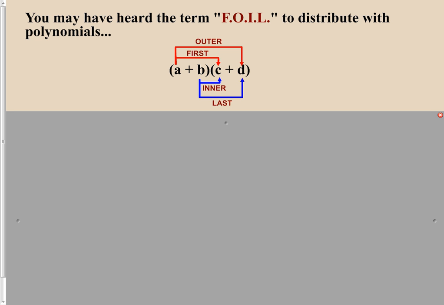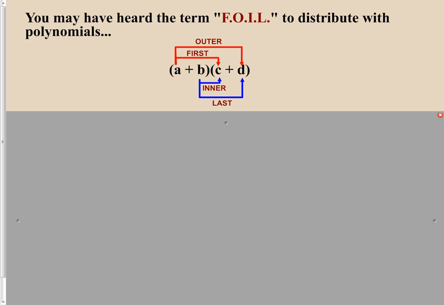The I meant the inner terms needed to multiply together, and the L meant the last terms multiplied together. And if you did that, then that would assure that you actually did get all of the terms distributed to all of the other terms. Okay, so if you memorize that from before and it helped you get through things, that's great.